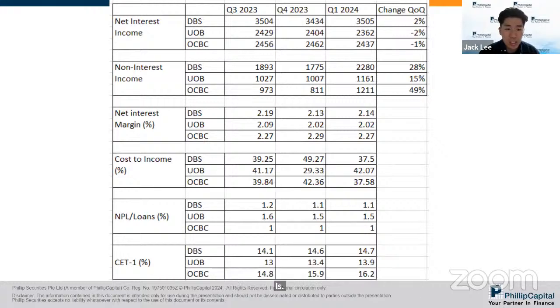And we know non-interest income will be the key revenue for the bank in the future. So I really like OCBC in terms of profit generation and risk management on cost to income, non-performing loans, and CET1. All of these ratios give me very confident financial results.